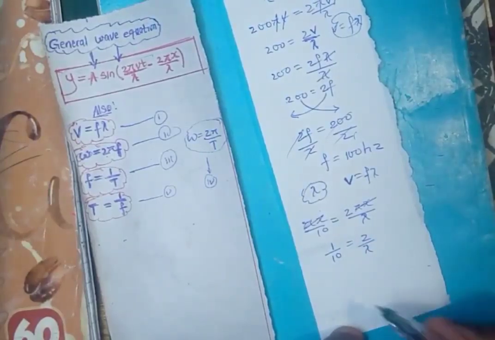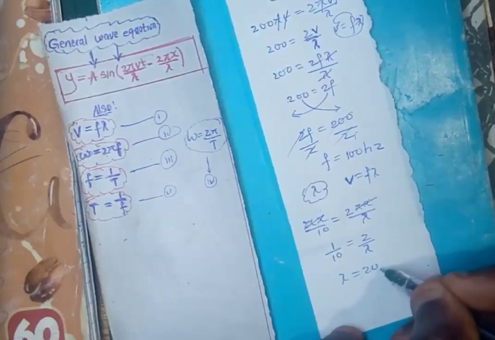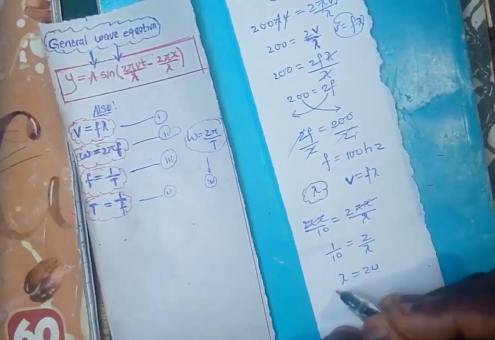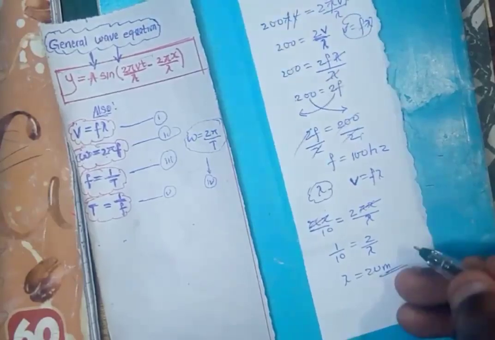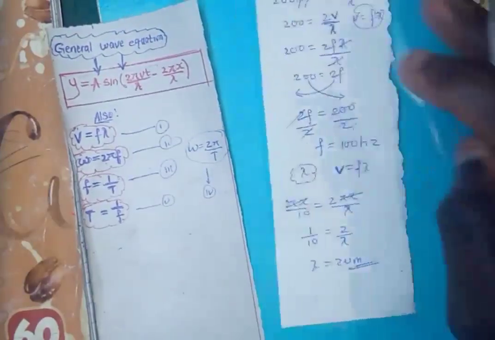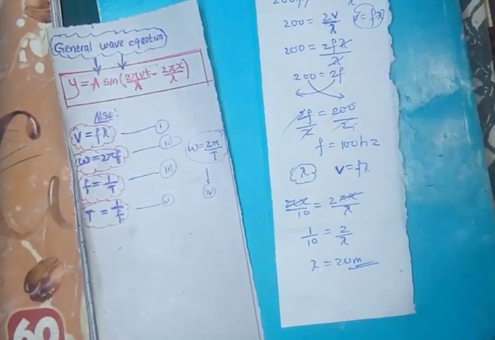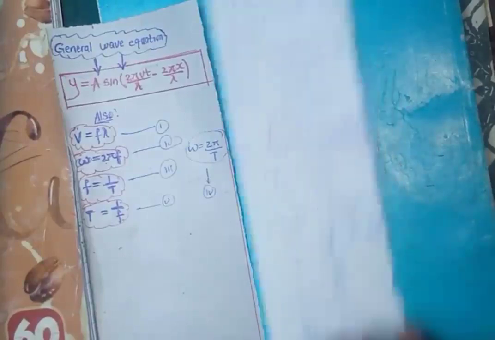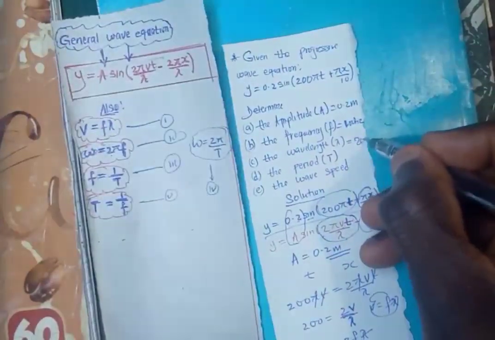If we cross multiply, we have lambda is equal to 20, and the unit for lambda, which is wavelength, is meter, because wavelength is the distance between two successive crests or two successive troughs on a wave. So we have determined our wavelength to be 20 meter.